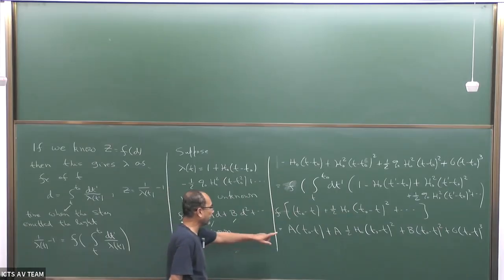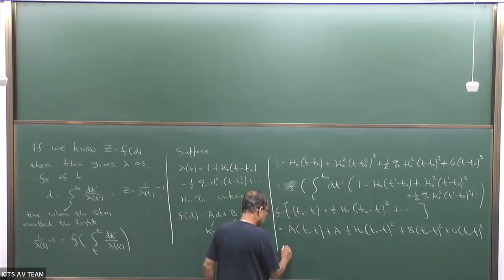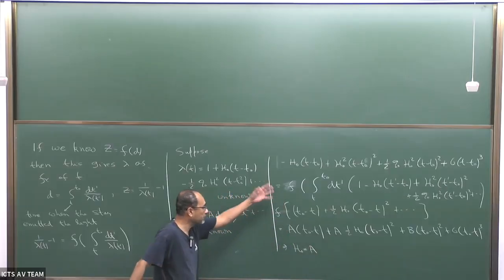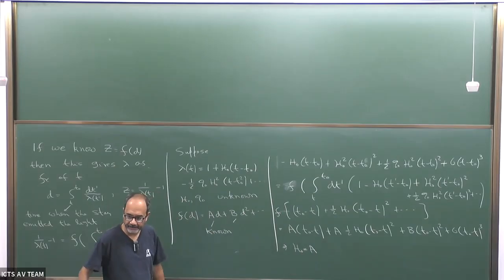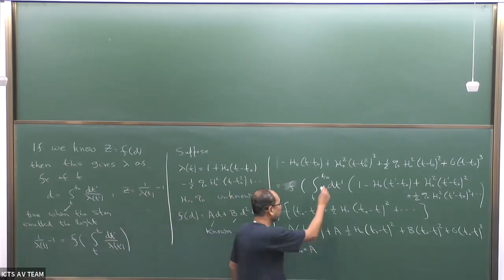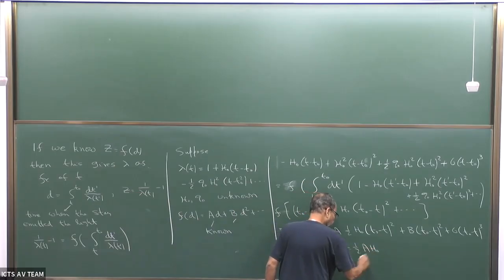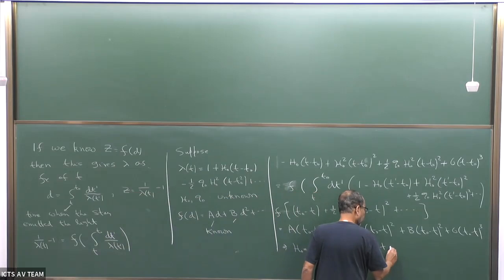And now we can compare this, right? So you see that this tells us that h naught is a. We just compare the powers of t naught minus t, because this equality is valid for all t. Right? So you can just compare the powers of t naught minus t. H naught is a. And then the second one tells us that h naught squared is half a h naught plus b.